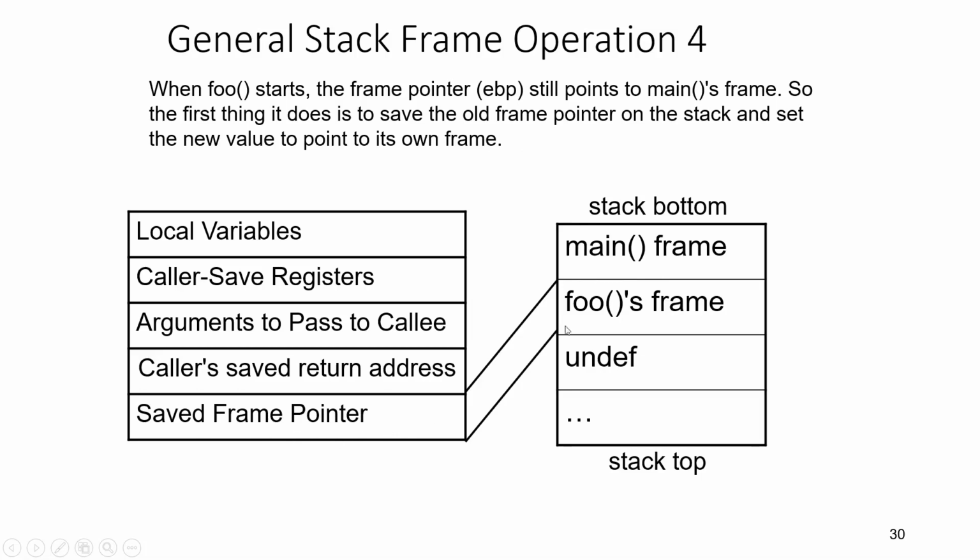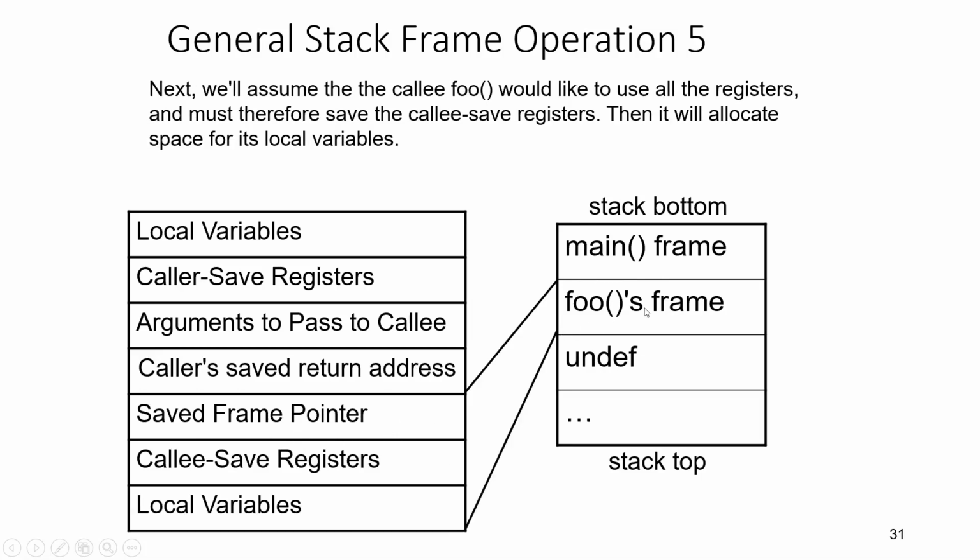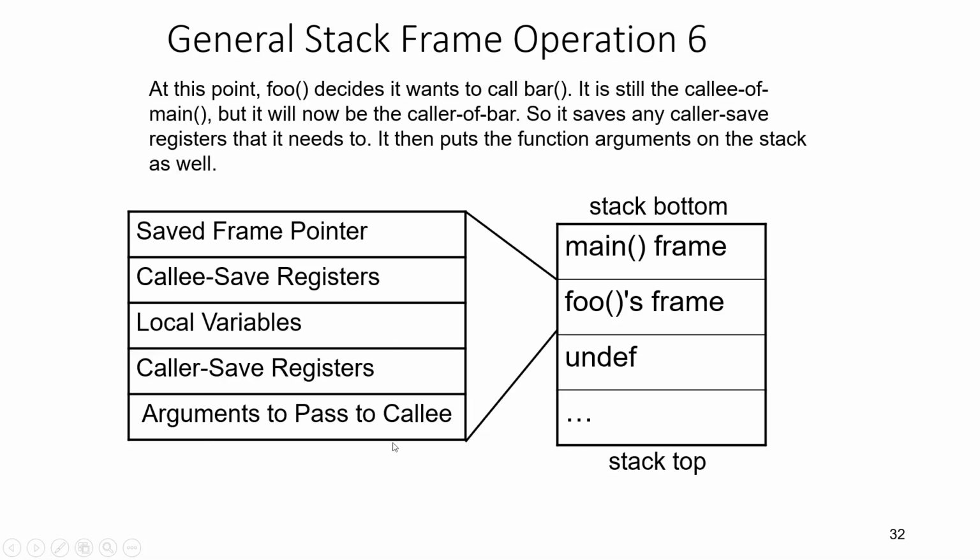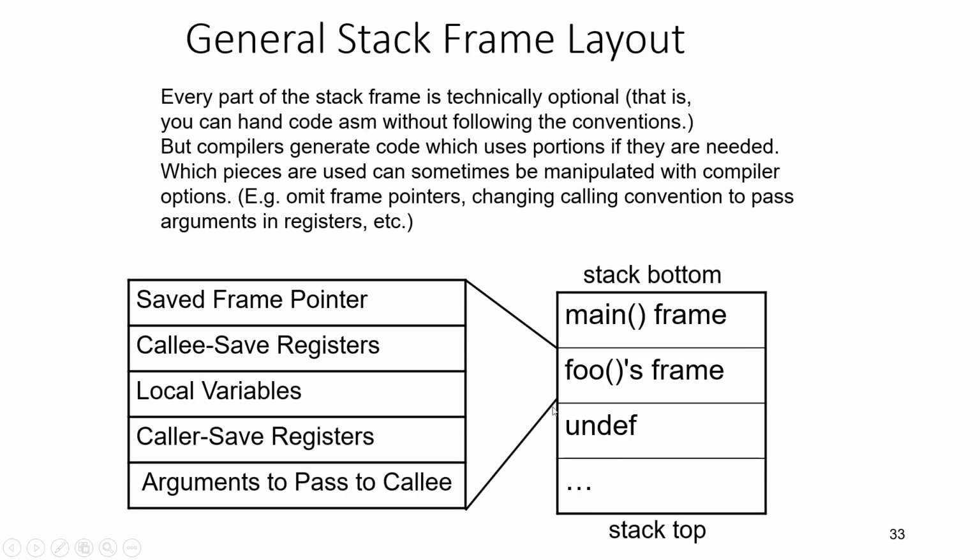Then it saves the main frame pointer, and then it creates the stack frame for this subroutine foo. As you can see, it's saving some registers and local variables, and now it has saved the frame pointer, saved registers, and local variables. If foo in turn is a caller to any other function, it will save registers and pass the arguments, and then it is as usual.